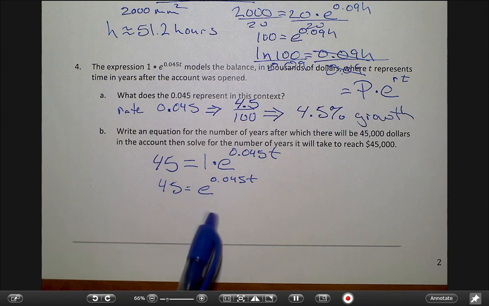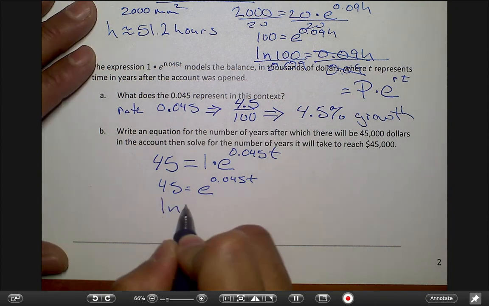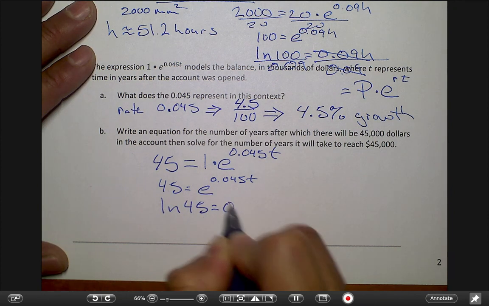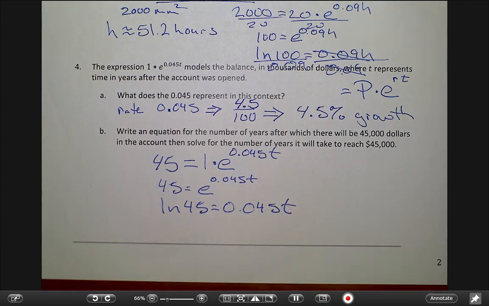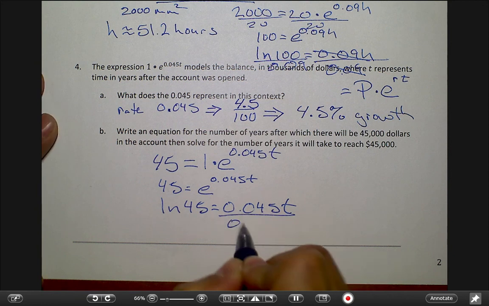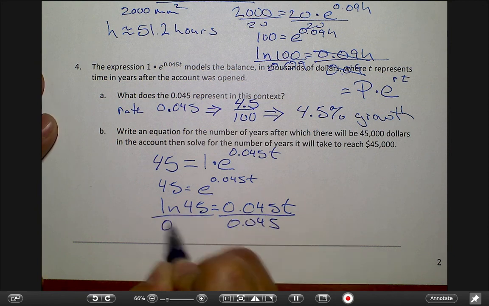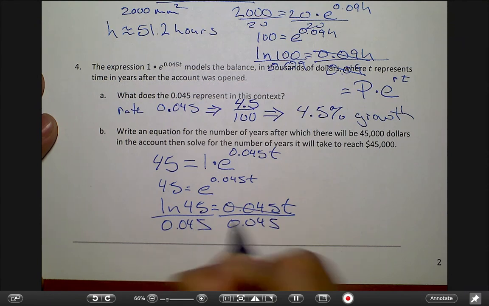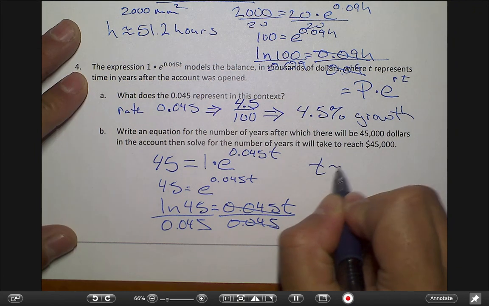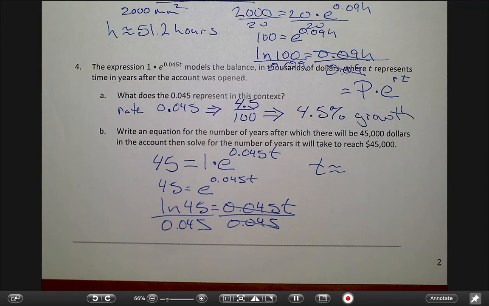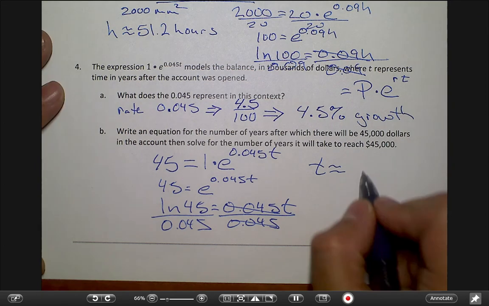It's time to ln now. ln, and to get the t by itself, go ahead and put this in my calculator. 84 point what? 5.6.